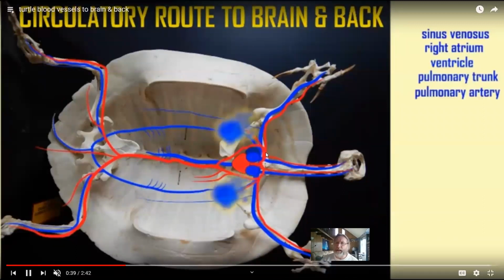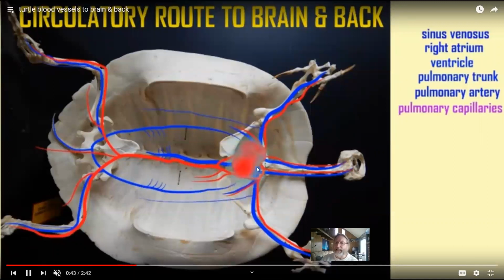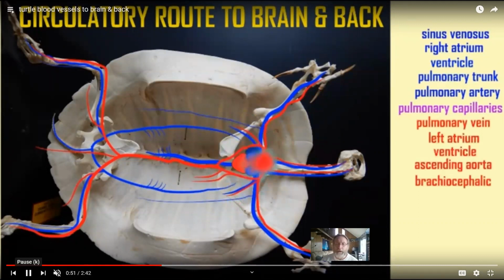the ventricle, which only is partially divided. Then from the pulmonary trunk to the pulmonary arteries to the lungs, gas exchange occurs. We now have red oxygenated blood, which comes into the pulmonary vein to the left atrium, the ventricle, and then goes into the ascending aorta, which then goes into brachiocephalic arteries.